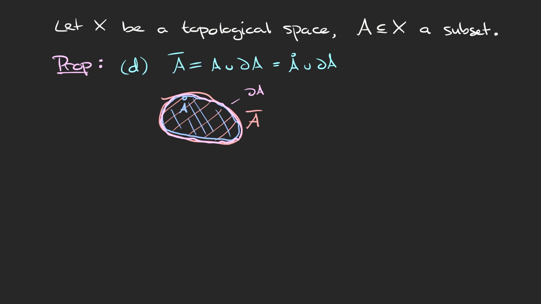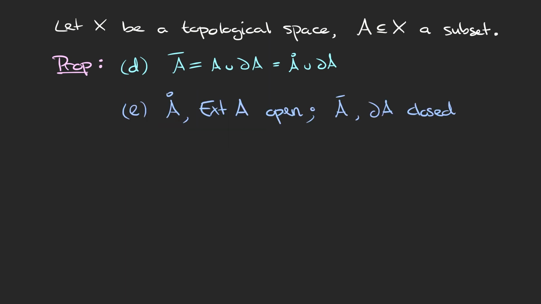So in essence, this equation is saying that the pictures we're drawing kind of make sense because we can think of the closure as being, well, the inner part of A unioned with the boundary. The next part of the proposition we've already shown, namely that the interior of A is open and so is the exterior of A, while the closure and the boundary of A are closed.